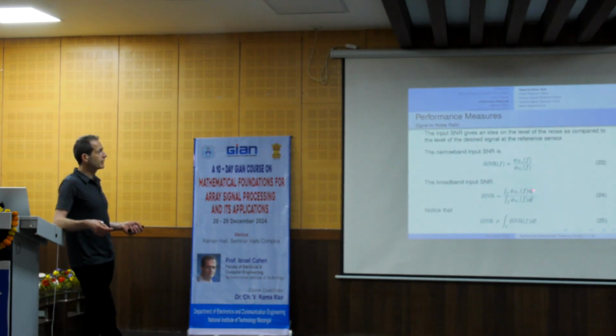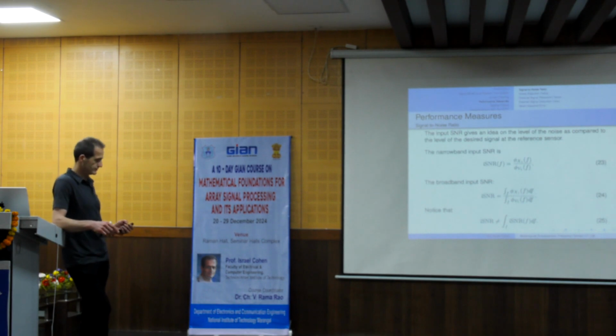So this is the power of the desired signal, the total power over all frequencies. This is the total power of the noise, the variance of the noise over all frequencies. So this is the broadband input SNR. And you see that the input SNR is not an integral of the narrowband input SNR, of course.